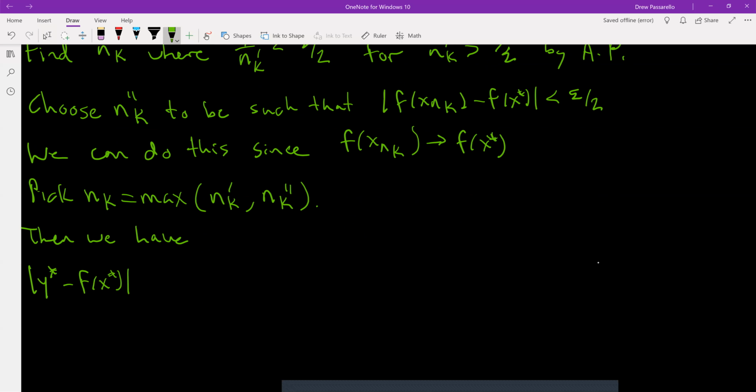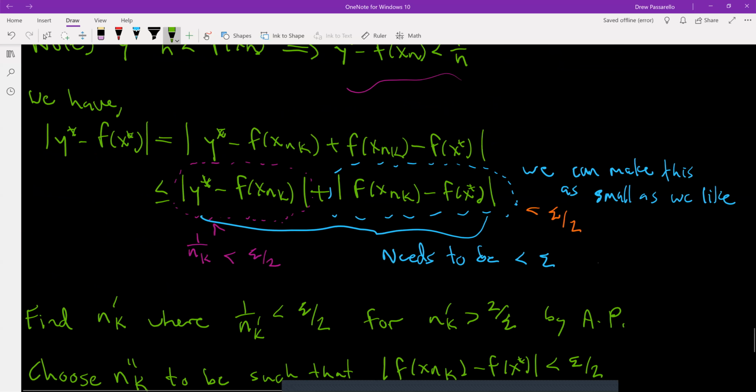That's going to be less than or equal to the absolute value of y star minus f of x_nk, and then plus the absolute value of f of x_nk minus f of x star. All right, just like what we had up here.